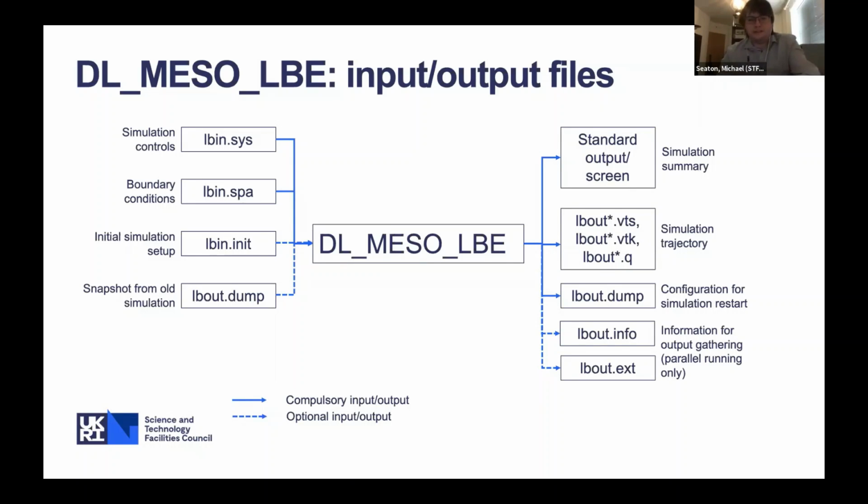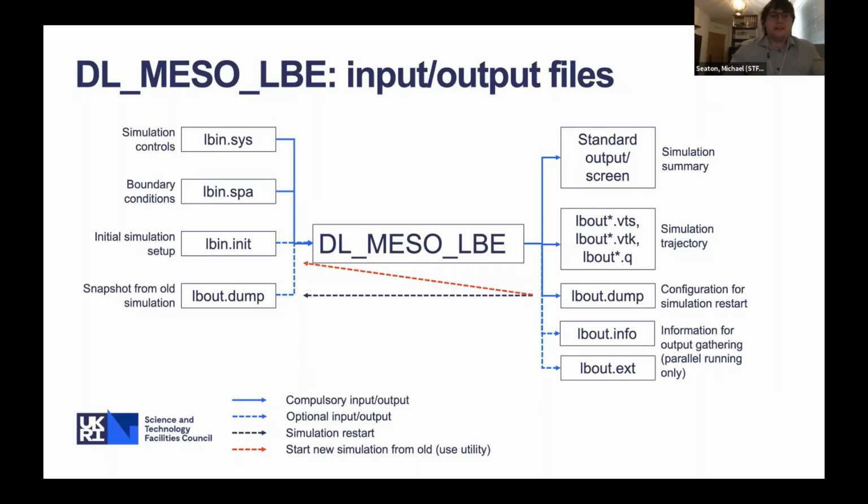Now, if you want to restart, you just literally use the lbout.dump file and include a directive in the lbin.sys file to tell it to restart. If you want to start a new simulation from a previous one, you basically use that same lbout.dump file to create an lbin.init file, but you have to use the utility to do that.